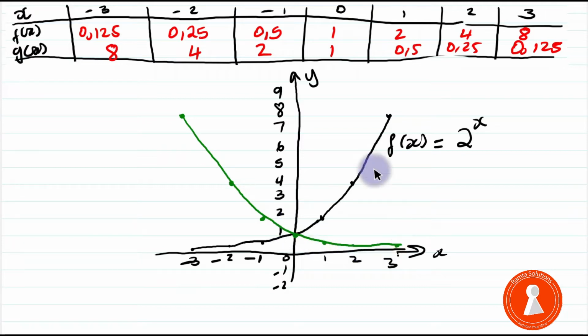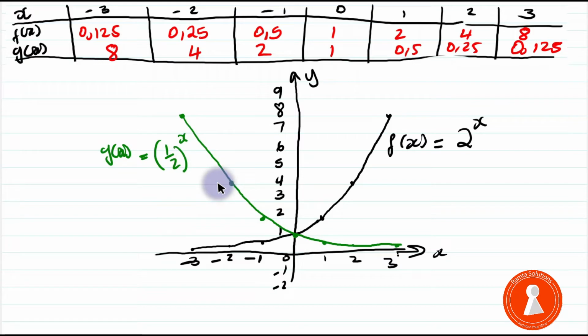Now this one here is g of x equals half to the power x, by the way.